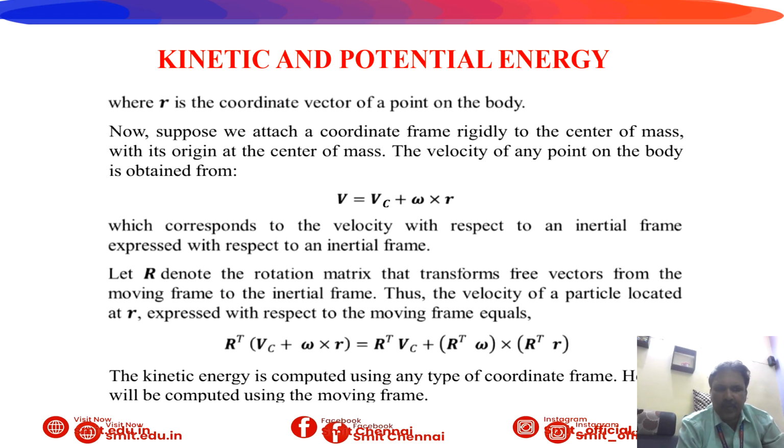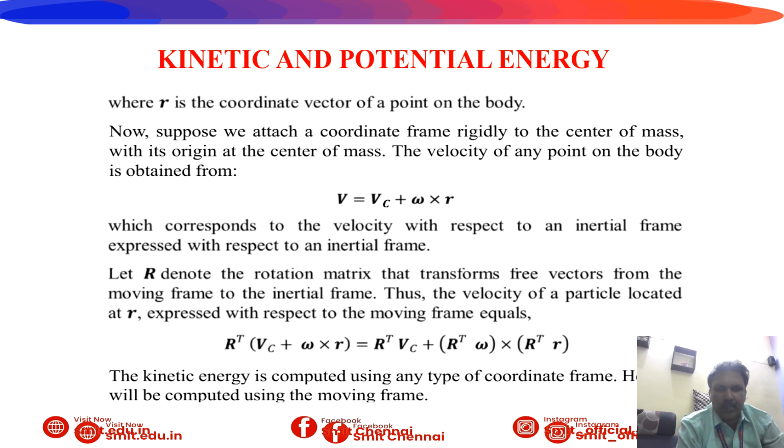Again, continuation of the kinetic and potential energy, where r is the coordinate vector of a point on the body. Suppose we attach a coordinate frame rigidly to the center of mass with its origin at the center of mass. Velocity of any point on the body is obtained from v equal to v_c plus omega cross r, expressed with respect to an inertial frame.